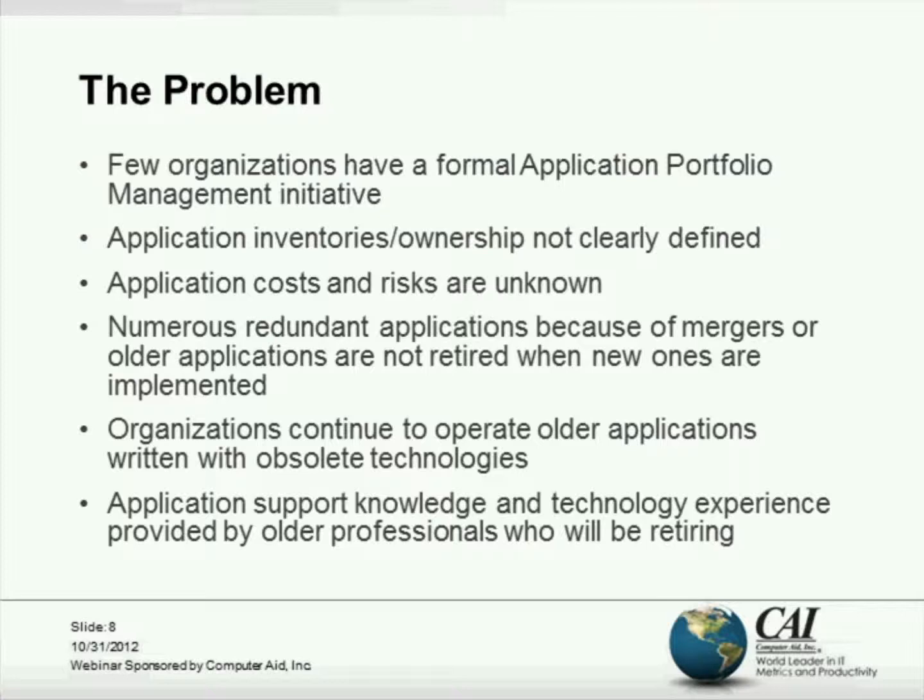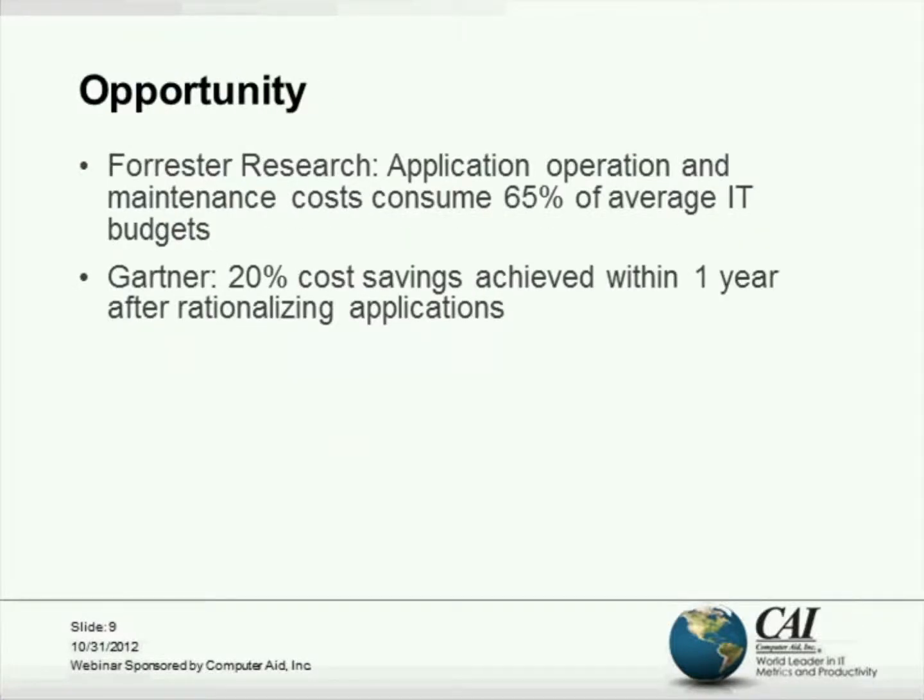And as we look at where the work is, more than 50% of the IT budget in many organizations is actually spent on operating and supporting applications. So this is not a trivial amount of money, and if the applications we're supporting are either obsolete or should have been retired or contain risks, then it is incumbent upon us to do something about it.